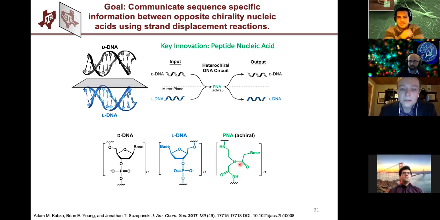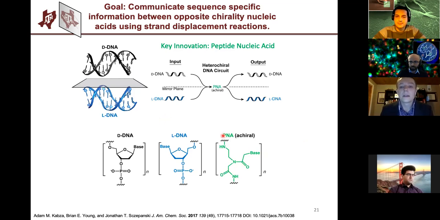The bases protrude from the amine group here, and they will indiscriminately hybridize with D or L oligonucleotides, and specifically they will take on the helical shape that is preferred by the oligonucleotides.